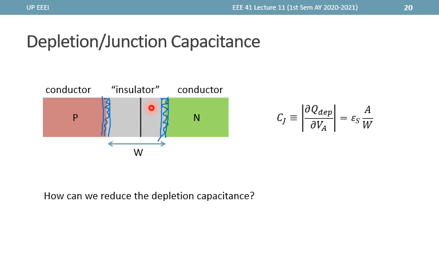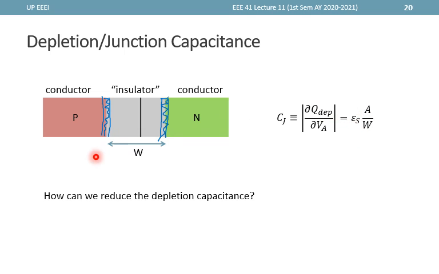And so we expect that this capacitance should follow this form, epsilon A over D, where D is the depletion region width and epsilon, or the dielectric constant, is the permittivity of the semiconductor, or for the case of silicon, the permittivity of silicon.